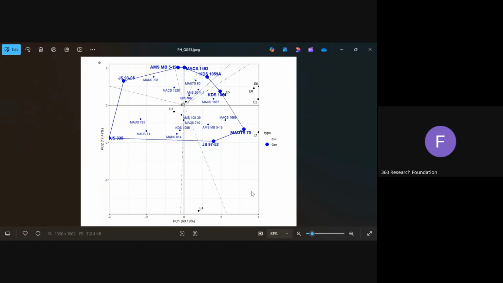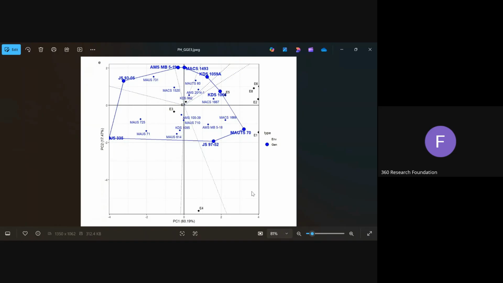Like 667, 1520, 731, 614, they are relatively more stable, but you can't interpret that 731 is adapted to E3, or that 2014-1 is adapted to this environment. It is not like that, though they are relatively more stable.